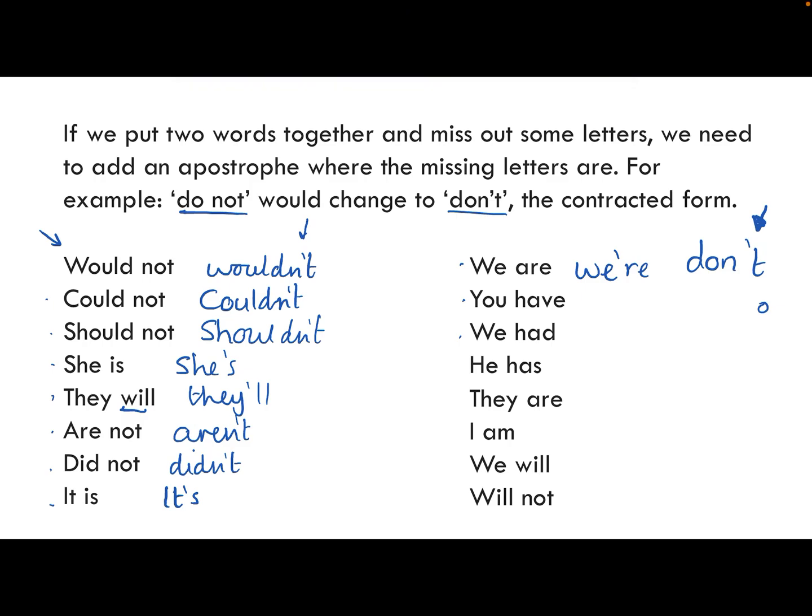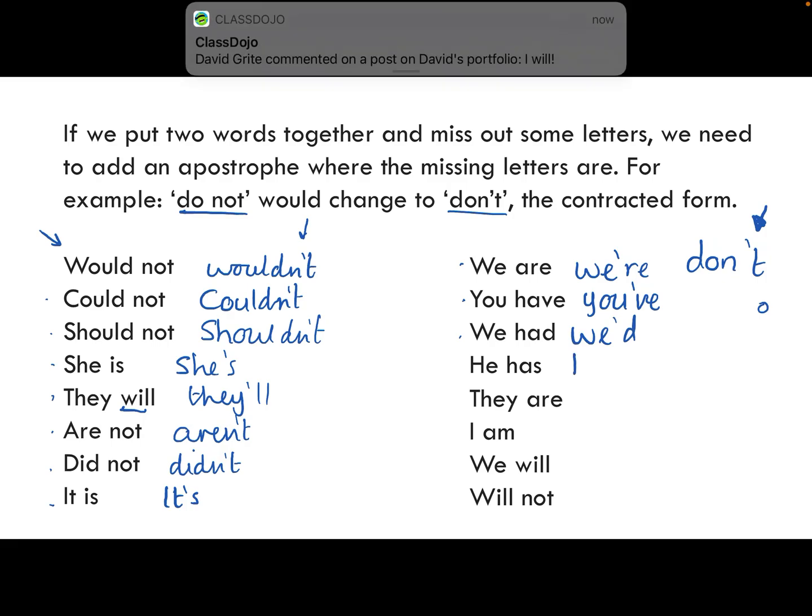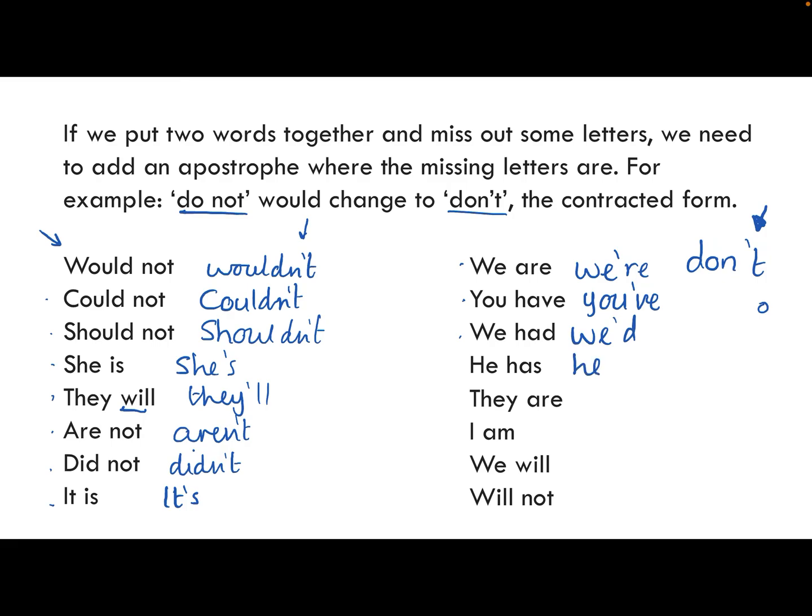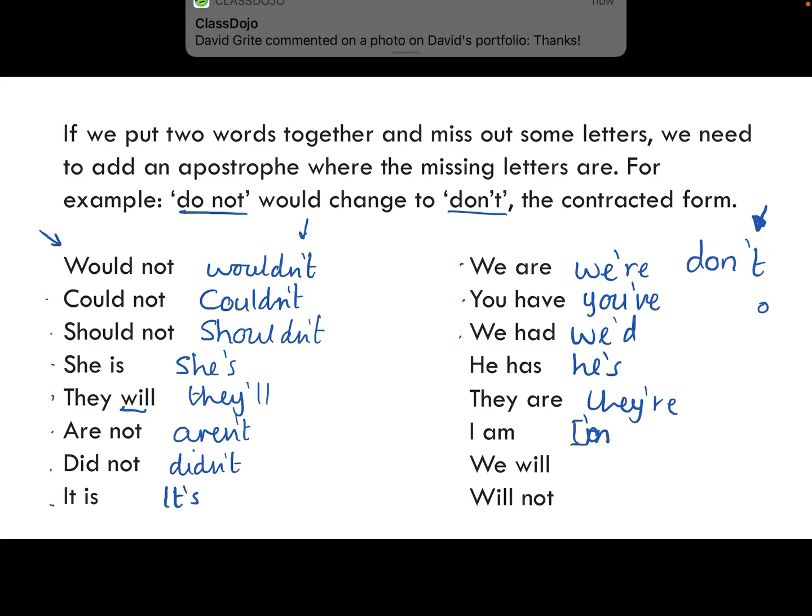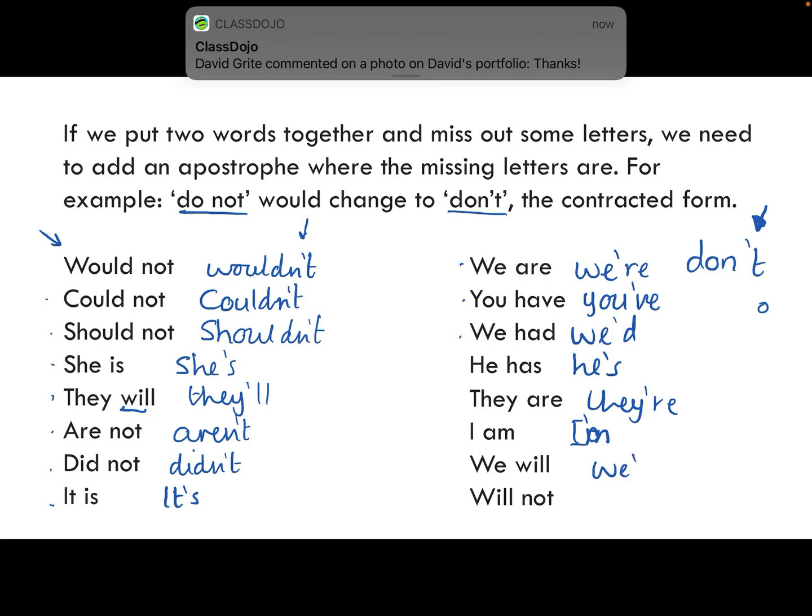We are becomes we're. You have, you've. He has, he's. They are, they're. I am is I'm.